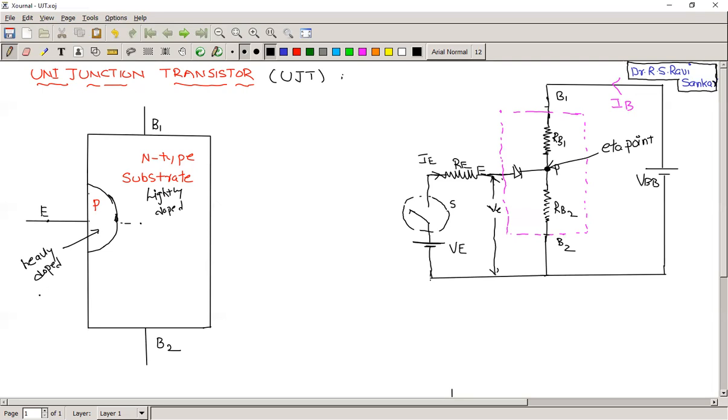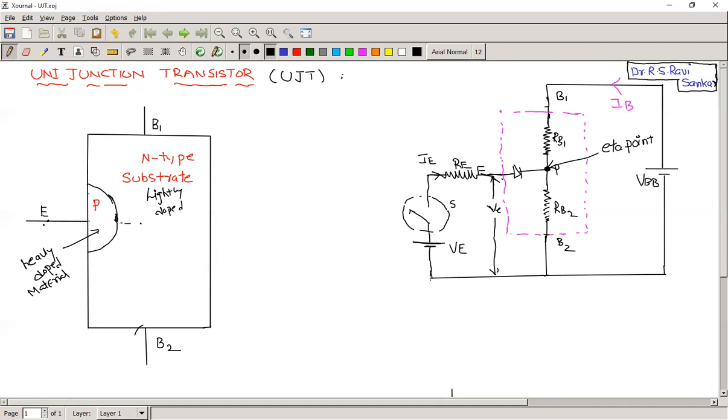Here the three terminals are taken. Two terminals are taken from the base material, that is B1 and B2, and one more terminal is taken from the P-type material, that is the emitter. The junction is simply like a diode. Now, this is the structure of the UJT.